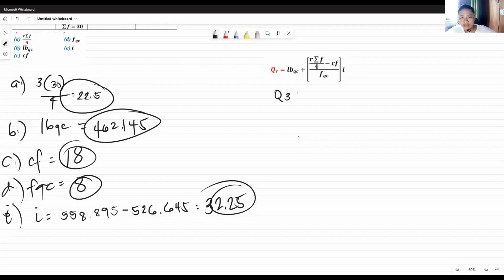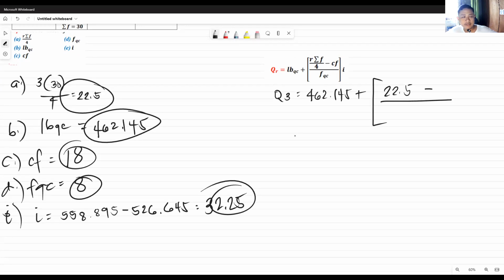So Q3 will be equal to LBQC, which is 462.145, plus letter A. This is letter A. That's 22.5. Substitute na lang. Madali na lang to.